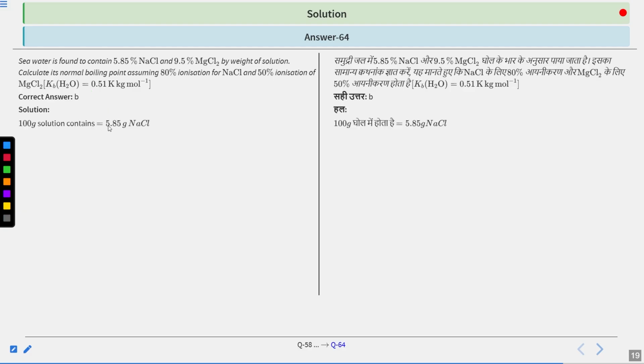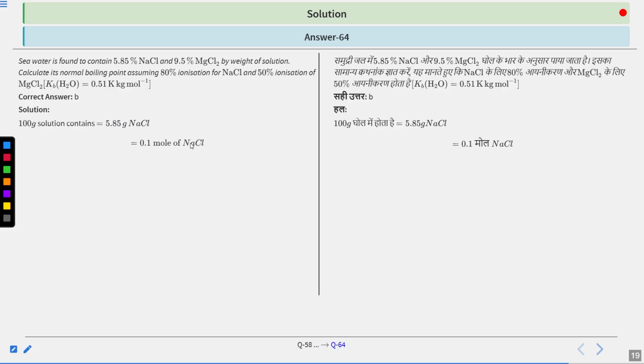We know that 100 gram of the solution contains 5.85 gram NaCl. How do we know that? Because the percentage is given and that percentage is by weight. So 100 gram of the solution will contain 5.85 gram of NaCl, or we can say 0.1 mole of NaCl. So divide this by 58.5, which is the molar mass of sodium chloride.